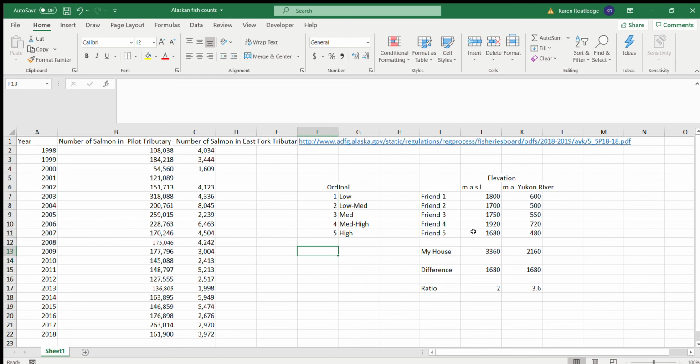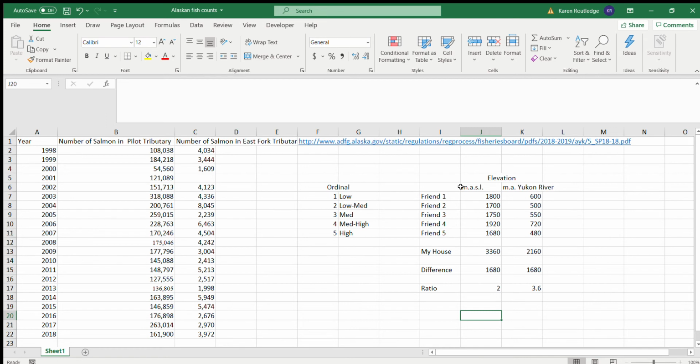I can take the difference, that is 3,360 minus 1,680. That's just what I've done here. We see that the difference is 1,680 meters. I could take my house and divide by friend number 5, and this will tell me in folds, or a factor, if you will, how much higher my house is, and that's a ratio of 2. So my house is twice as high as my friend's house when we're talking about meters above sea level.